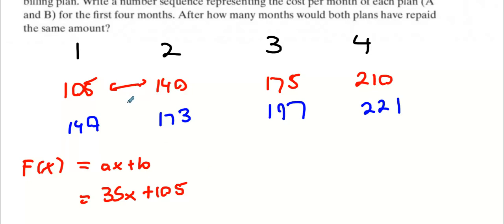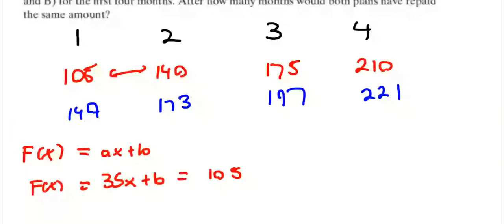Oh, wait. No, I'm wrong actually, guys. I'll explain why I'm wrong. The system I'd be using there would start from x equals 0, not x equals 1. So we will do our system after all. So here's what we're going to do. Okay, ready? f(x) equals 35x plus b, and that equals 105. f1 equals what, guys?